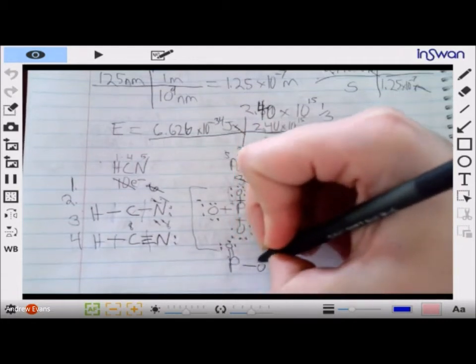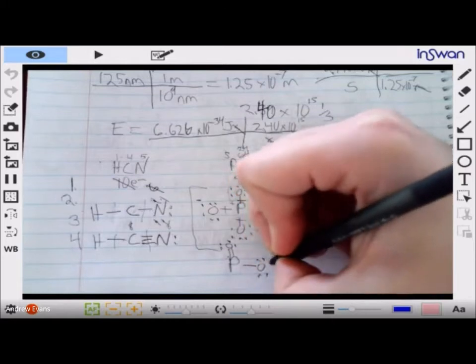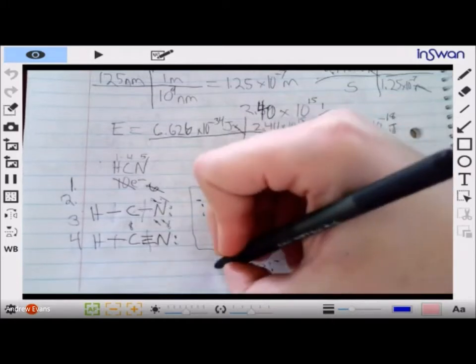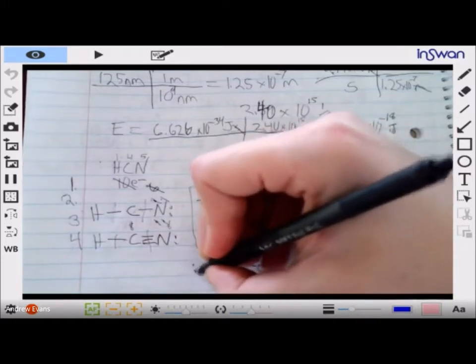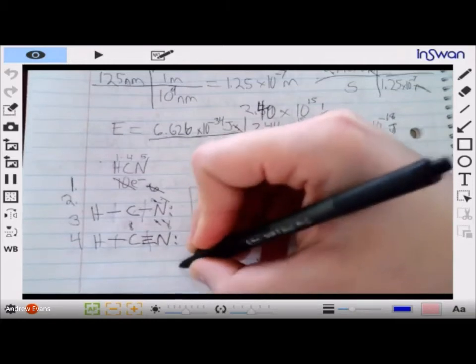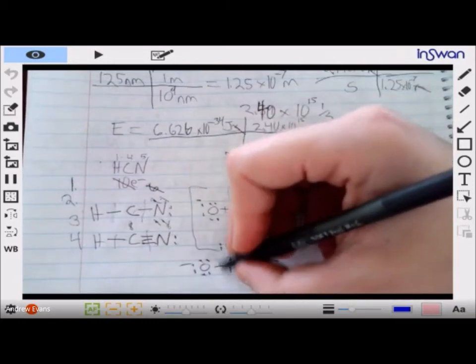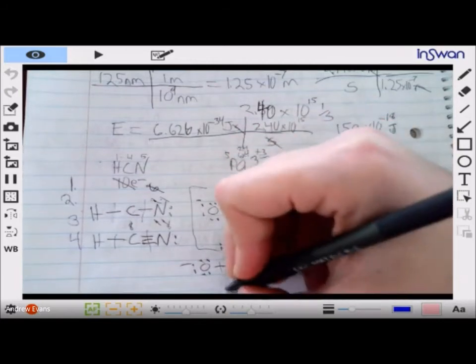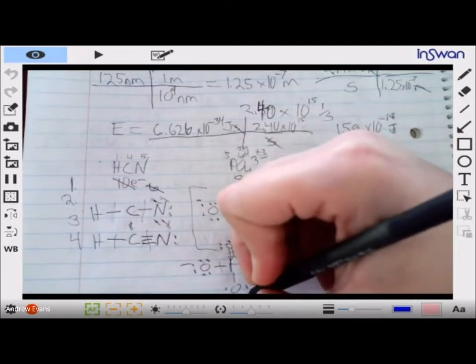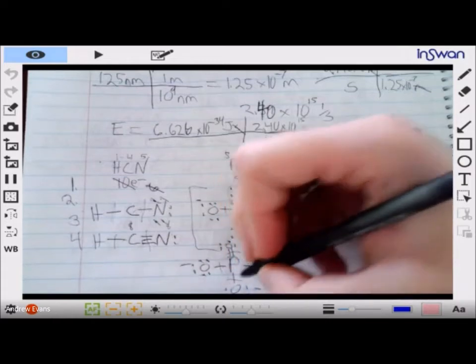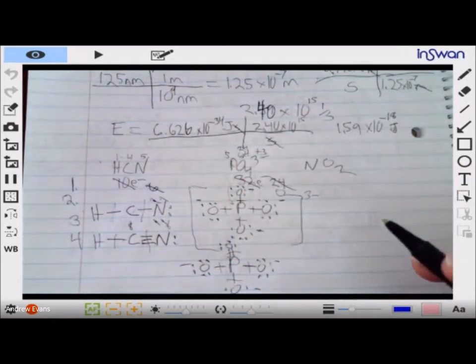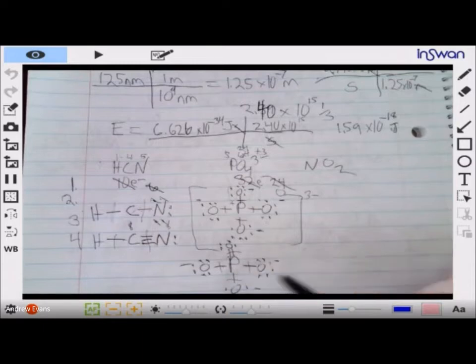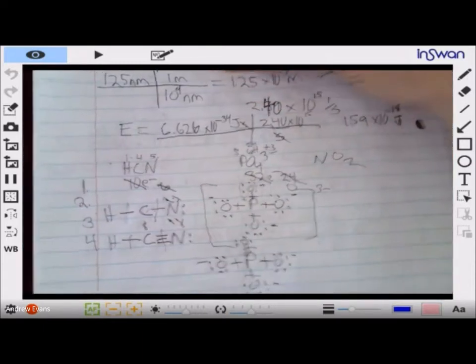Phosphorus has an expanded octet, and it has no formal charge because now it has 1, 2, 3, 4, 5 electrons around it. It has 10 electrons total, but 5 electrons totally around it.